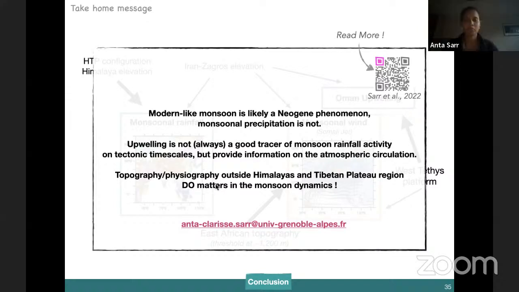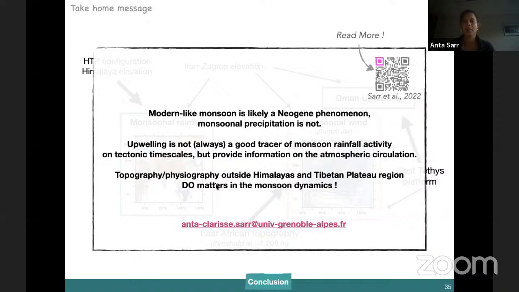For what I've studied here, the Arabian Sea part of the monsoon, I would say Indonesian throughflow does not matter most. Maybe it would matter for the amount of precipitation over the whole of India, because that depends on the moisture content of the atmosphere, which is also dependent on sea surface temperature.